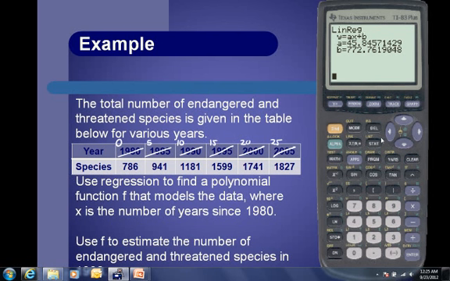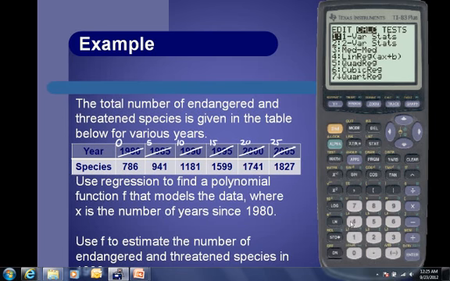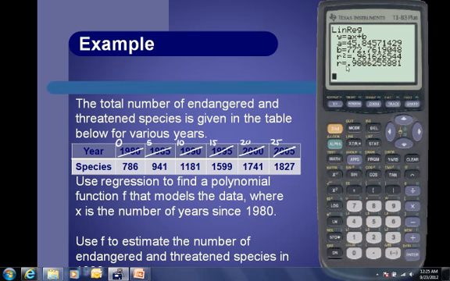I'll tell you what I'd like to do is go back and do second catalog. Go all the way down to diagnostics, turn our diagnostics on, because if you'll remember, that gives us R. So if we go to stat, calc, number 4, enter, that says that it's a 98% fit to a linear equation.